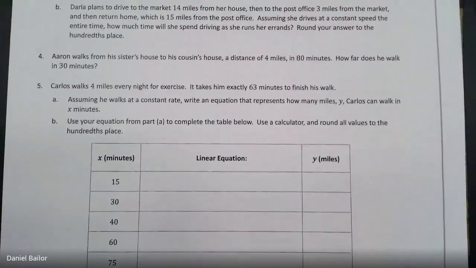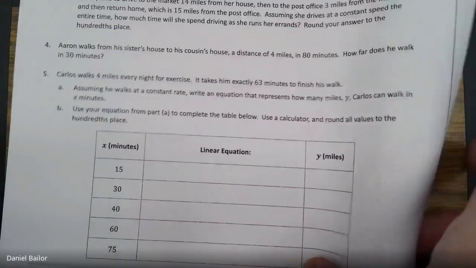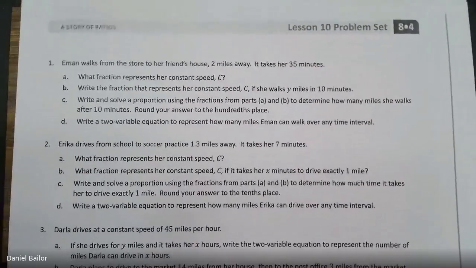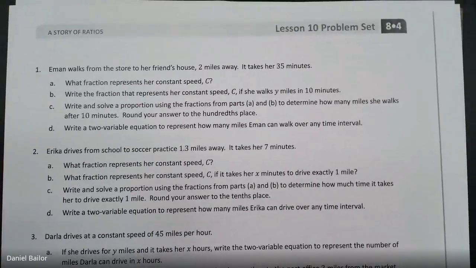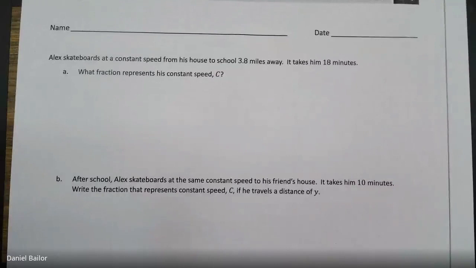On number 5, you have a chart. It's exactly what we did on the exercises today. I know if you were paying attention, you could do this, but if you have any questions, I want to help you. Just ask. When you finish the problem set and you check your work with mine and you feel good doing what you're doing, then go back to page 97 and work on the exit ticket, which is the same thing.